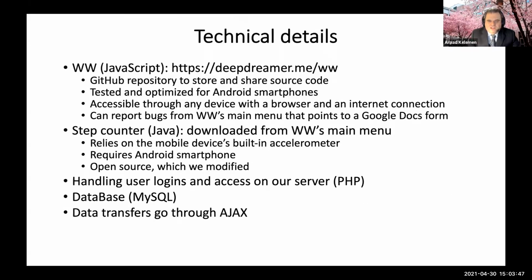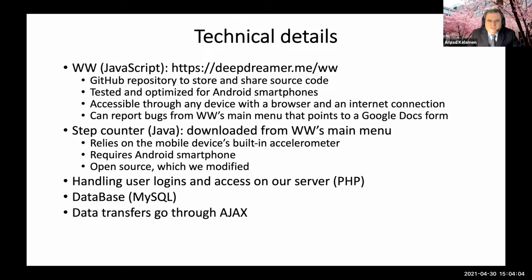These are some of the technical details. The main game development, which we have done from scratch, we copied no code from anyone, was done in JavaScript, and it's available at that website URL. We stored the source code in a standard GitHub repository.